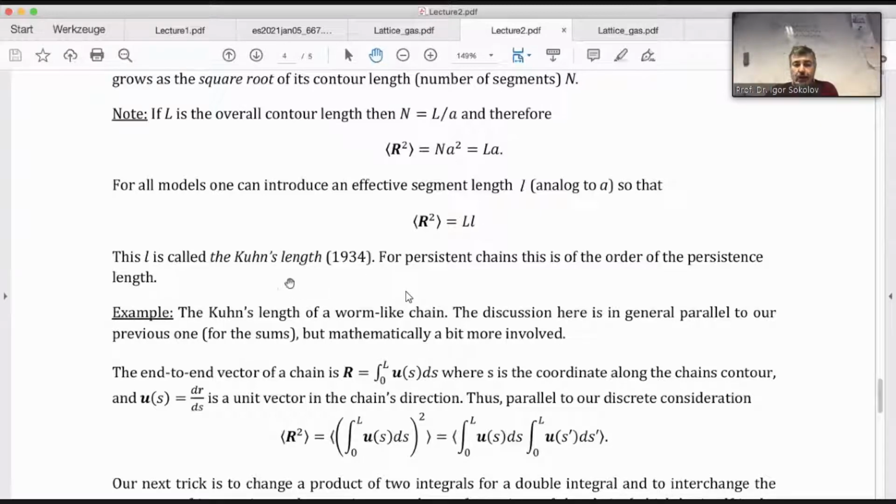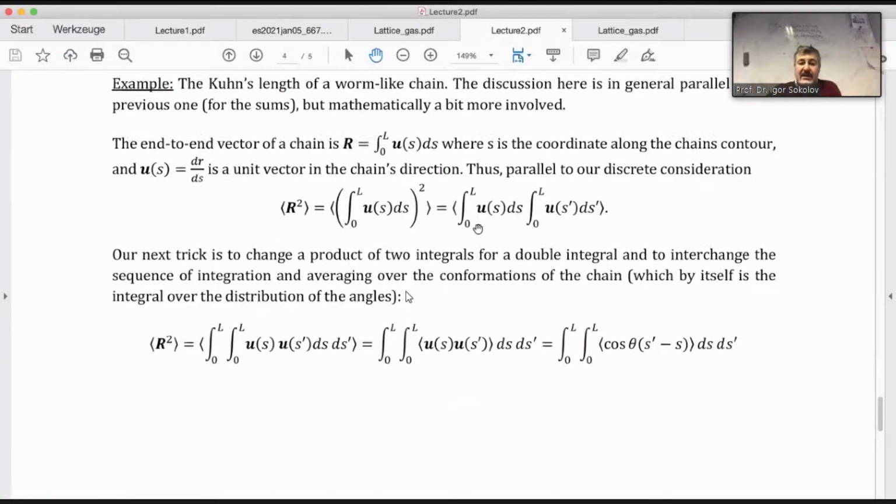I call this the Kuhn's length. This is the effective segment length. This Kuhn length is exactly what I have to take as A, as a lattice spacing, when I build my lattice model of a chain. I have quite a reasonable estimate. This I measure, and this is chemistry. And now I have my lattice model.